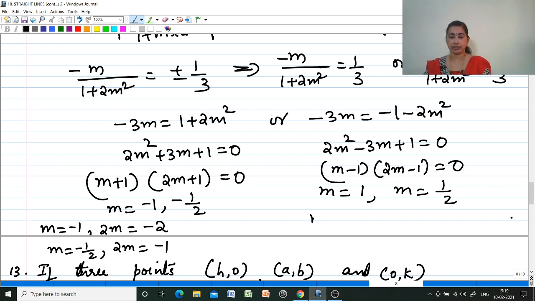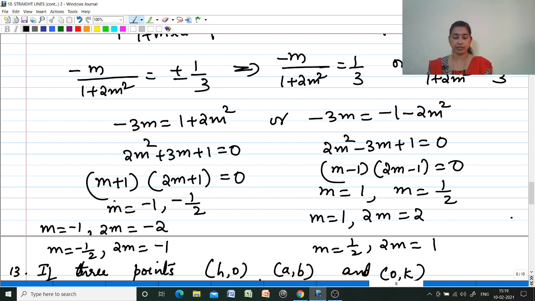And in this case, if m is equal to 1, then the other slope 2m is equal to 2. If m is equal to 1 by 2, then 2m is equal to 2 into 1 by 2, which is equal to 1. So the slopes are first slopes minus 1, minus 2, 1, 2.